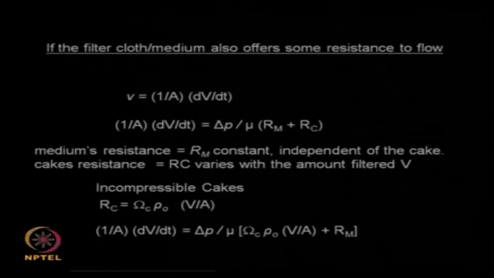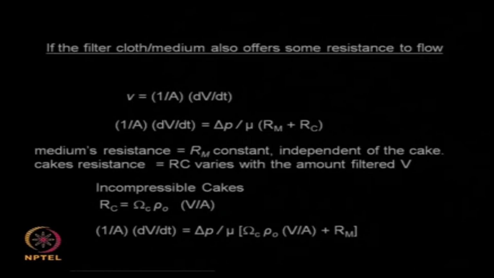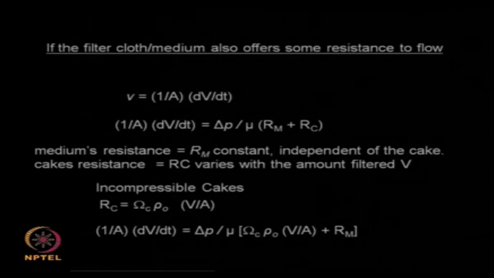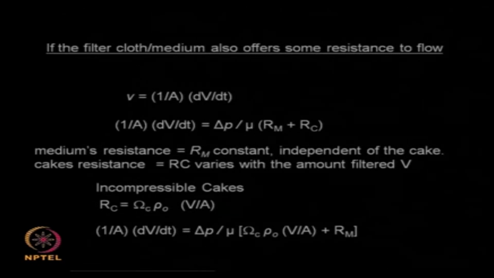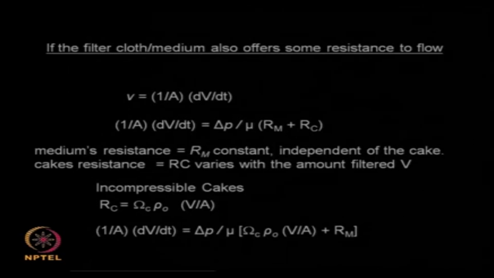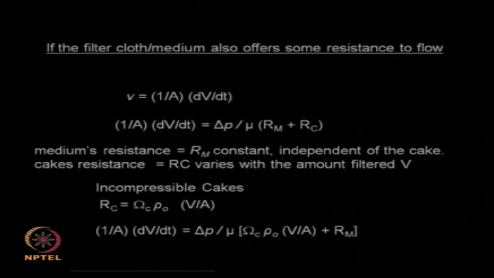Okay. So far we talked about the filter cloth or the filter medium not offering any resistance to the flow, but there could be some situations where the filter medium itself offers some resistance to the flow of the liquid. Generally if you design a filtration unit, you like to keep the resistance offered by the filter medium minimum, but there are situations where the filter medium itself can offer some resistance.